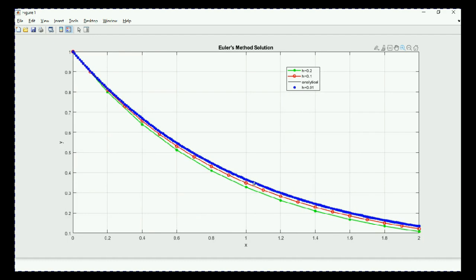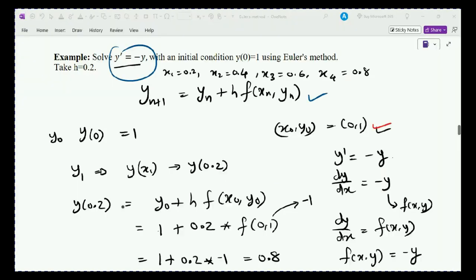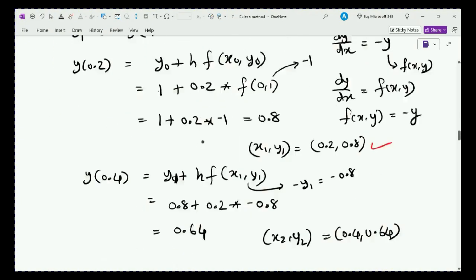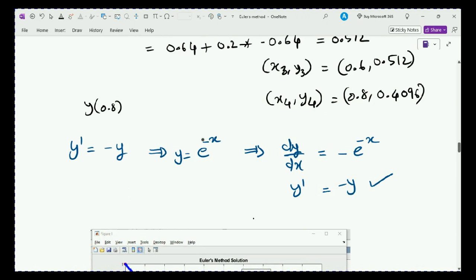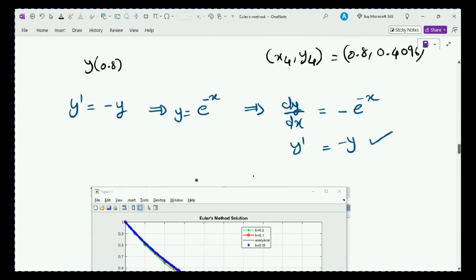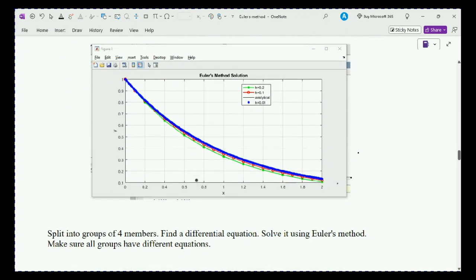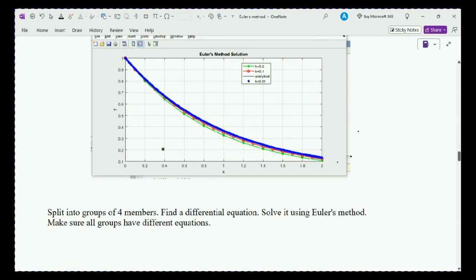We'll go back to the notes. Basically we have solved this differential equation using Euler's method. First we solved it using pen and paper, and then we made a code for the same, executed it in MATLAB, and I have pasted the result here.